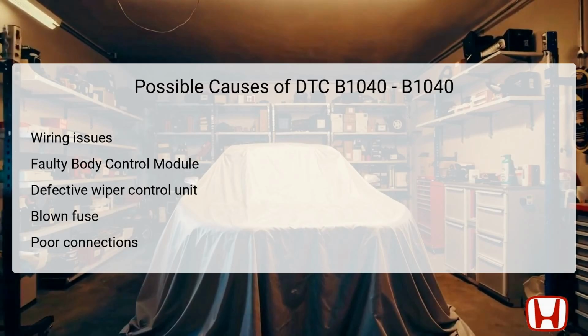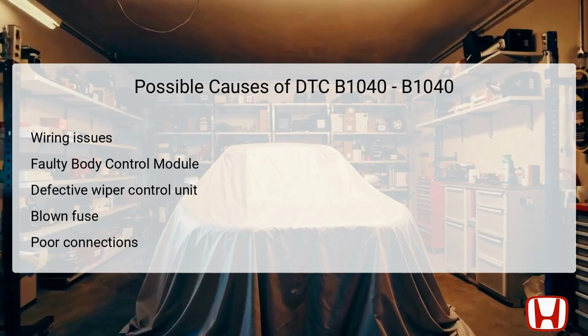First, wiring issues are a primary suspect, as damaged or corroded wires can disrupt communication. A faulty body control module could also be at fault, as it failing to process signals effectively will impede communication with the wiper system.